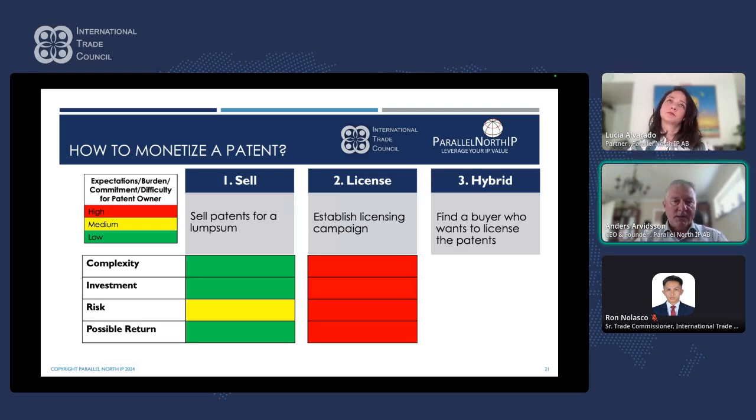When I look at a licensing campaign, it is rather complex, meaning that you have a lot of factors that could lead to a failure. The investment is rather high because you probably also need to consider how to defend your patents by enforcing them through litigation. There are a lot of companies that choose not to license patents even though they seem to infringe.